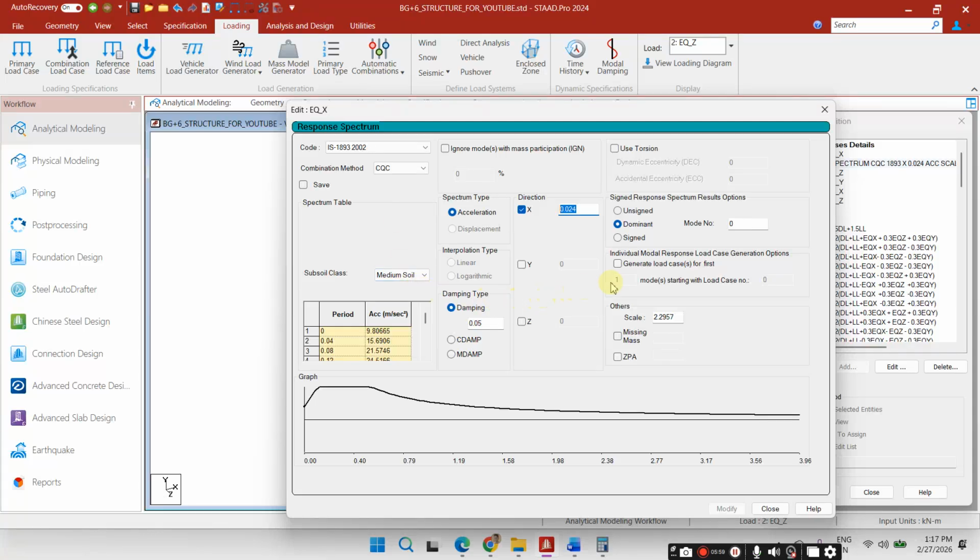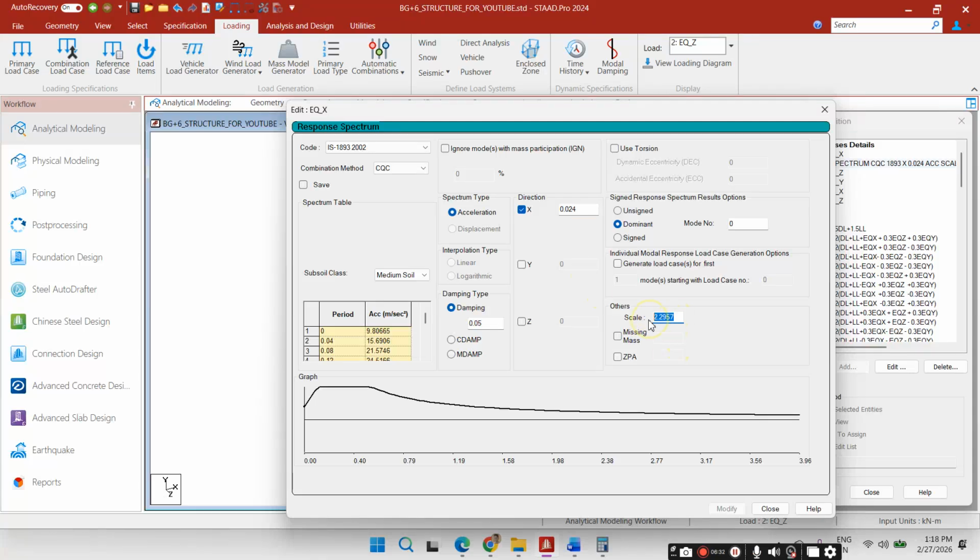Z is 0.24 for the seismic zone 4, and I is the importance factor 1, and that means 0.24 divided by 2 into R. R means the response reduction factor. Response reduction factor I have taken 5. So 0.24 by 10, that is 0.024.